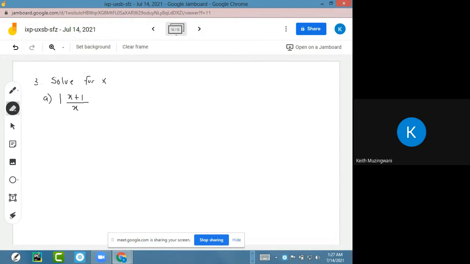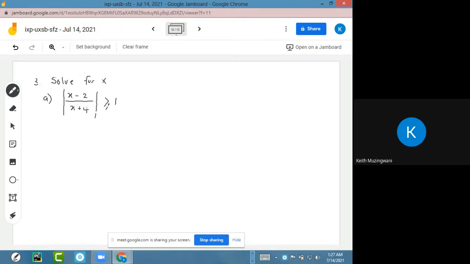Okay, let me change the one there. It seems like that's stuck. So let's do x minus 2 over x plus 4 greater than 1. Now I'll put greater or equal to.